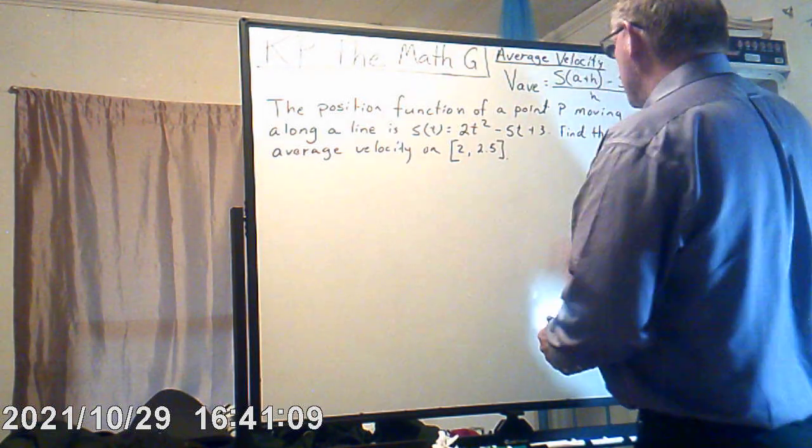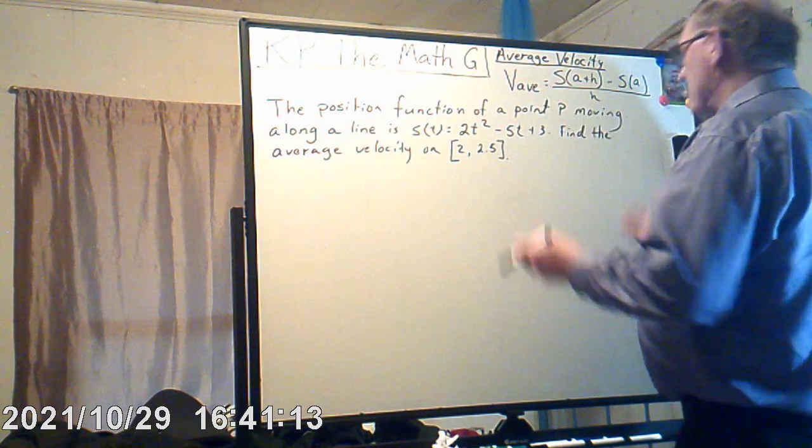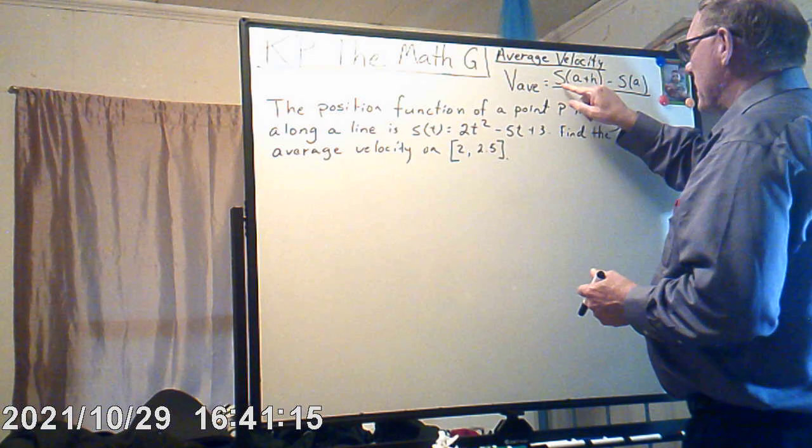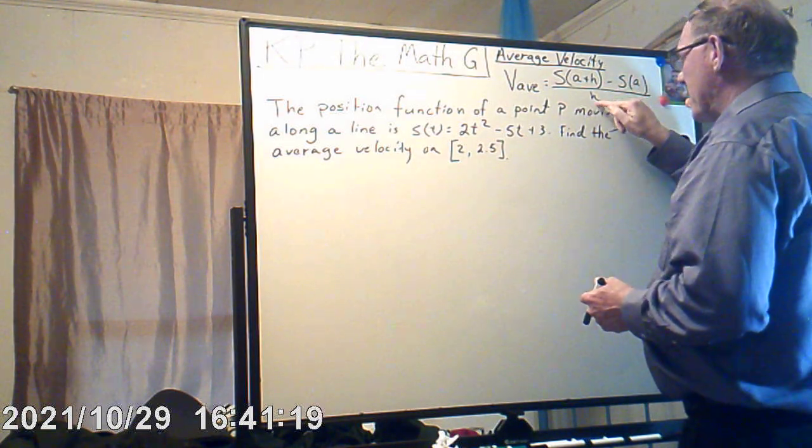Well, here's our average velocity equation or formula. It is s at a plus h minus s at a, over h.